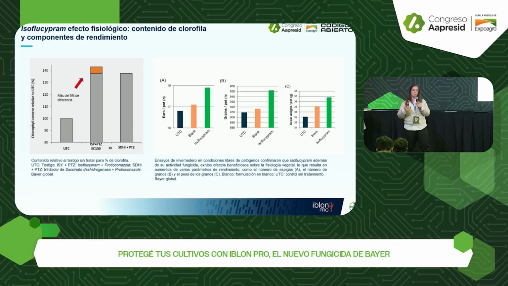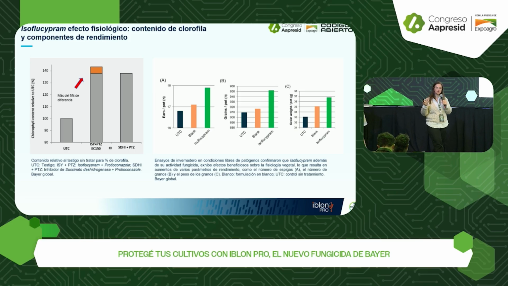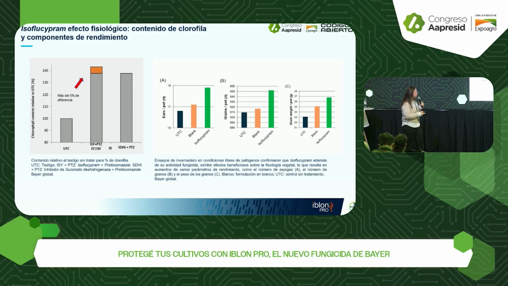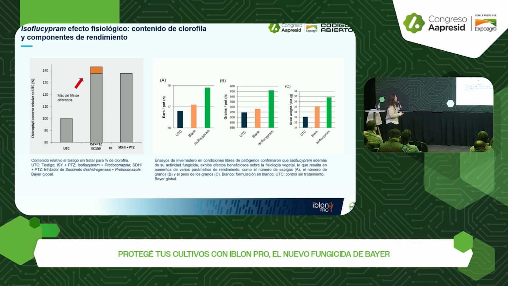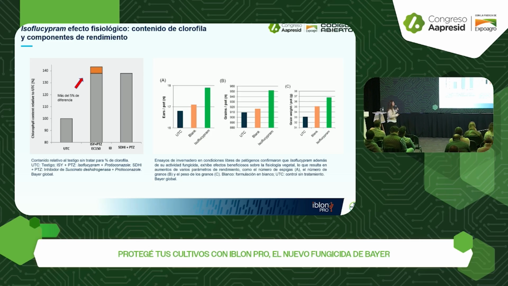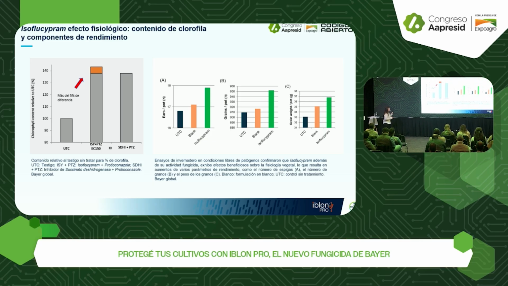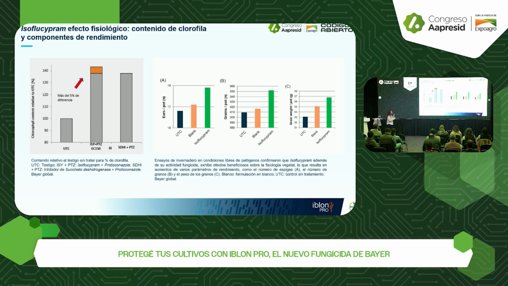So we can measure the larger chlorophyll content in leaves treated with isoflucipram. We have a check stand that is uncontrolled. Then we have our treatment, which in this case is isoflucipram plus proteconazole. I'm missing the trifloxystrobin that is also present in Iblon Pro. But the graph is showing the effect of carboxamide only.